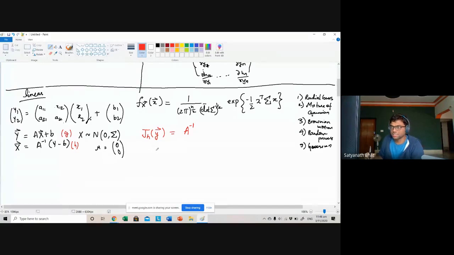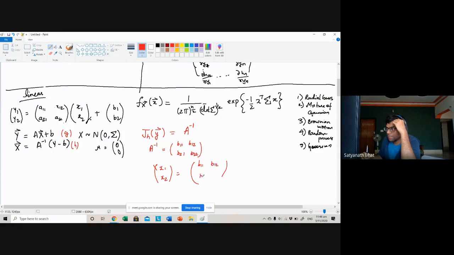If you want to check this, suppose A inverse is given by B11, B12, B21, B22. What you can do is write x1, x2 as A inverse, so this matrix B11, B12, B21, B22, into the matrix Y1 minus B1 and Y2 minus B2.